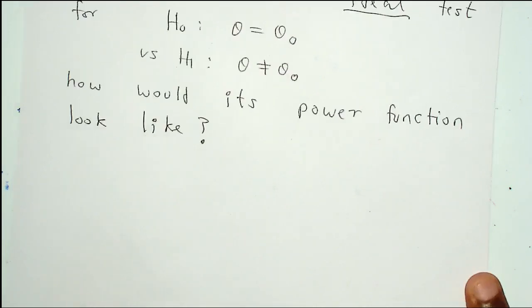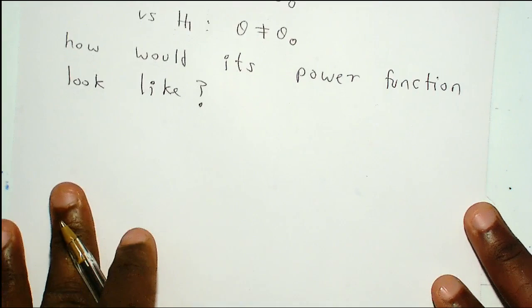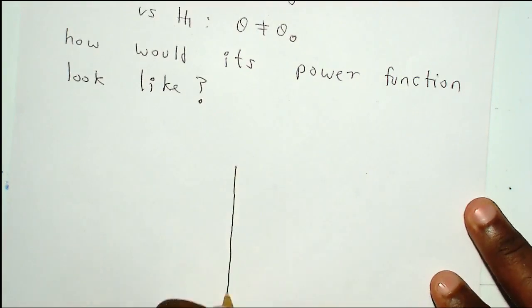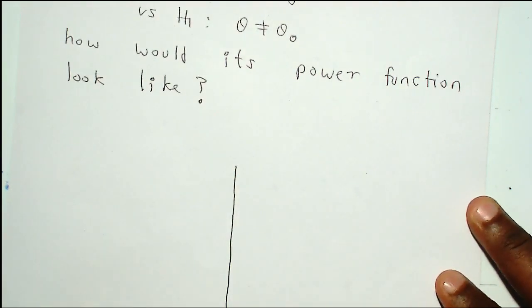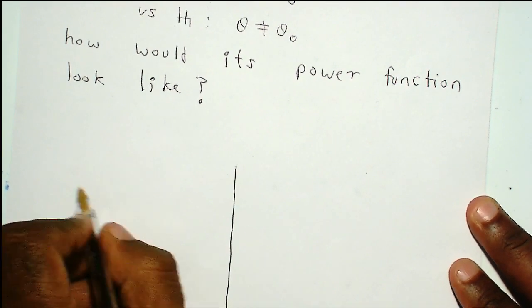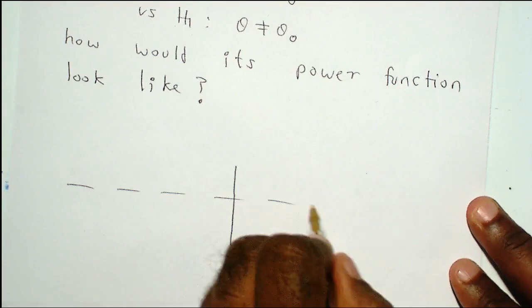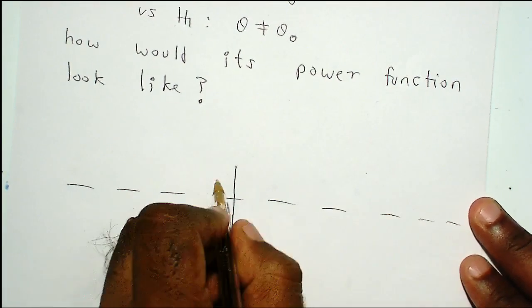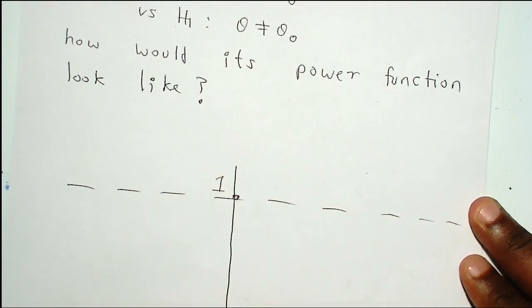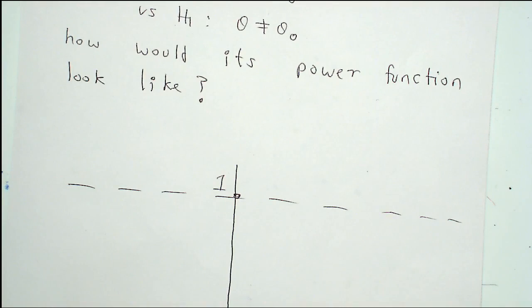Now, if I ask you to draw, this is theta 0, this is the line 1, and this is 0. How do you think the power function will look like, guys, if the test is ideal? It could be continuous.